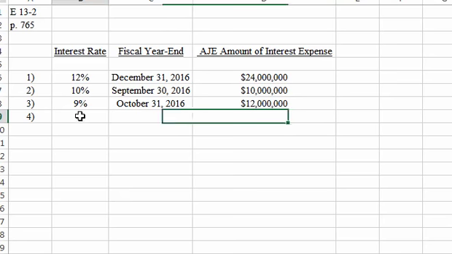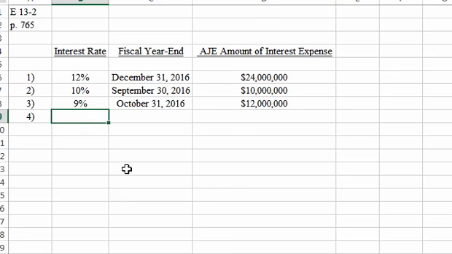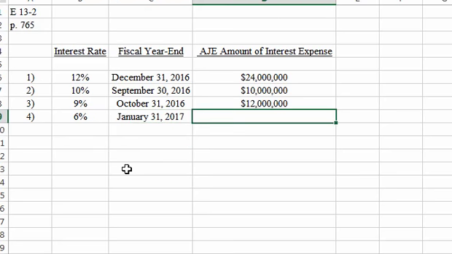And then on situation 4, the interest rate is 6%. The year end is January 31. This is 2017. Okay, so again we'd say 400 million times our interest rate of 6% times how many months here?